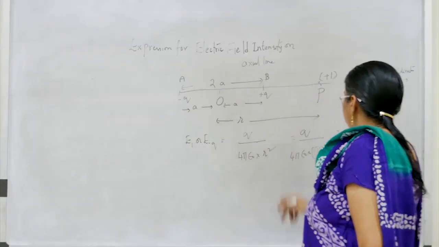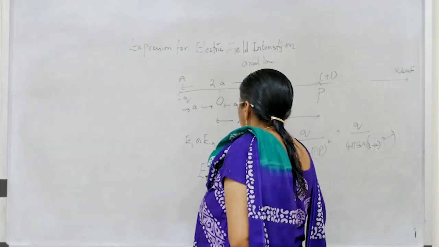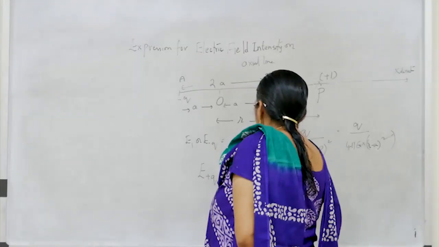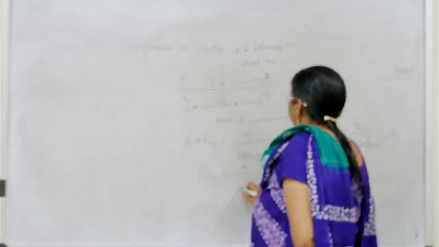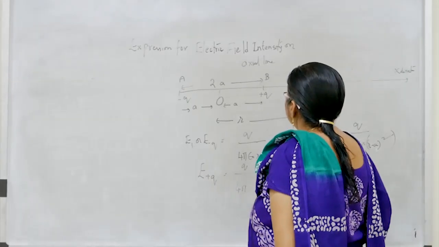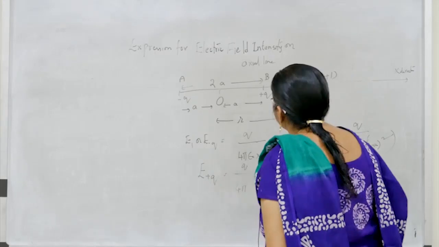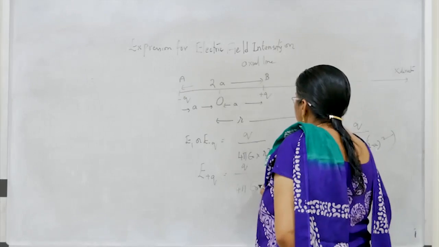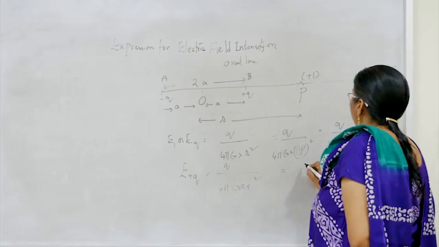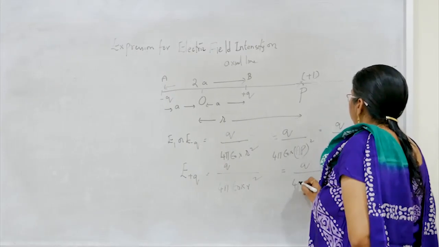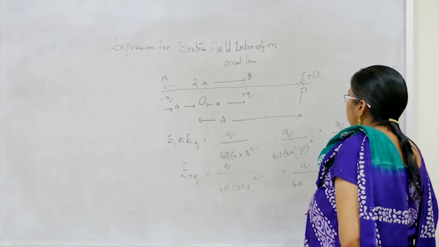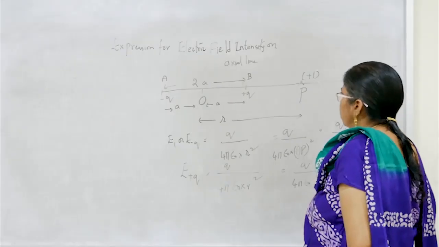So for AP square, this is next one, E plus q, q by 4 pi epsilon naught into r square. So this becomes q by 4 pi epsilon 0.